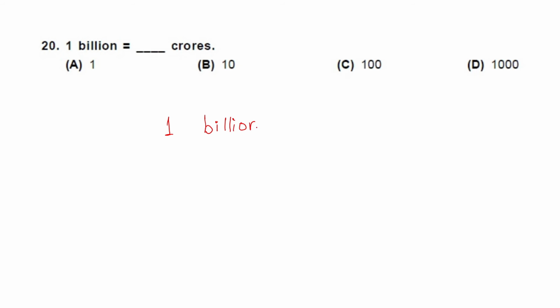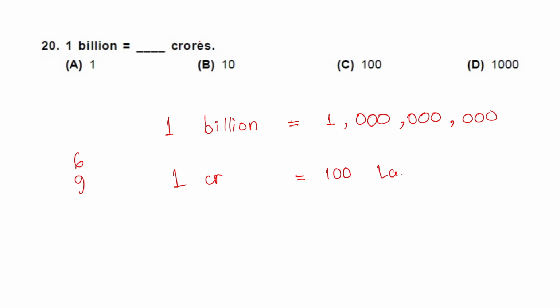Now, million is 6, billion is 9. So, 1 billion is 1 followed by 9 zeros. And then we come to the Indian number system, which has 1 crore. Now, 1 crore is 100 lakhs.